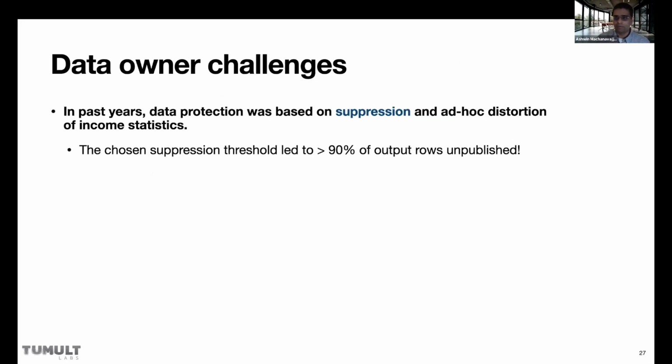This is not a new problem. They've been doing this for a few years now. In the past few years, the data protection was based on suppression and ad hoc distortion of income statistics. They had rules of thumb saying if the population group is small enough, then we will not release any salary data, or any median salary data, and so on.